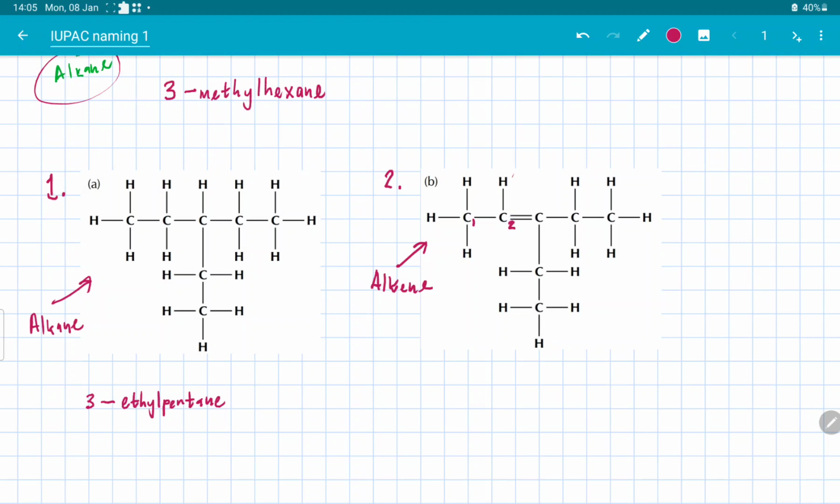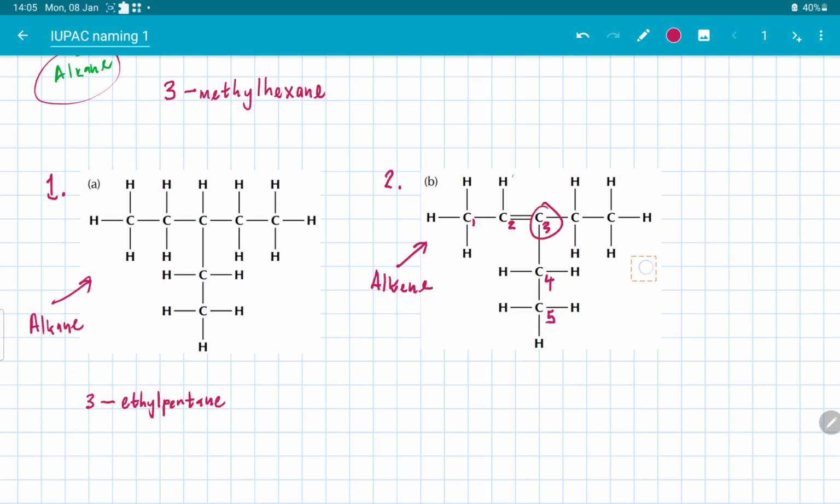Now the question would be, do I go straight or do I go down? But if you notice, as carbons, these two side chains are equal in number. So I can go either way. I go straight or I go down. The name will come out the same. Why? Because here 3, 4, 5, the ethyl is at carbon 3.